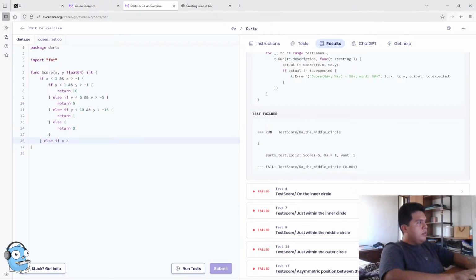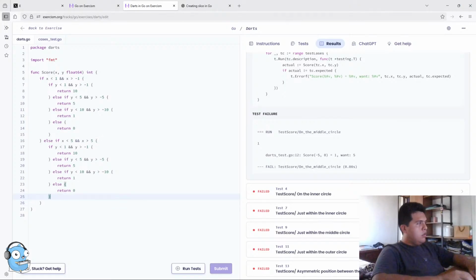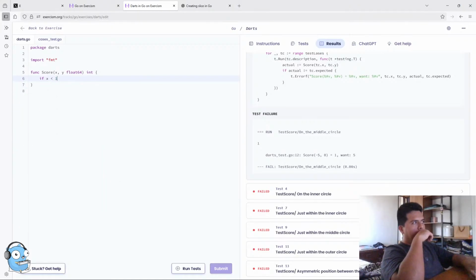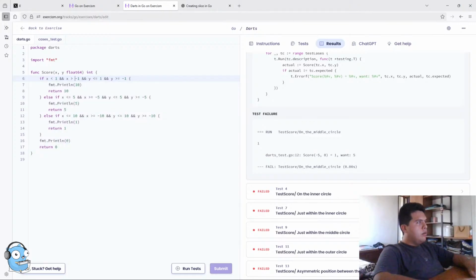Else if x is less than 5 and x is more than -5, out of this, okay, if the x is... maybe not. The only thing that I need to do is erase the equals.